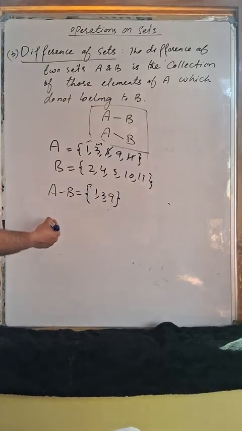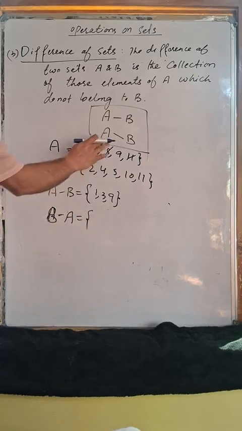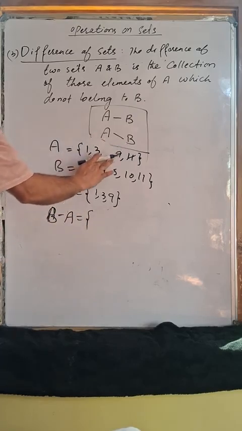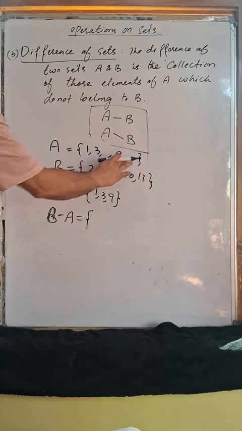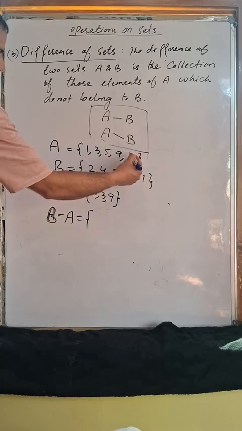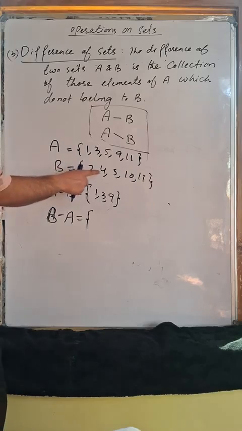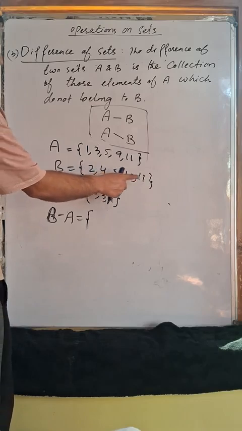Okay, what will then be B minus A? B minus A will be those elements of B which do not belong to A. Now, see the elements of B: 2, 4, 5, 10, 11.